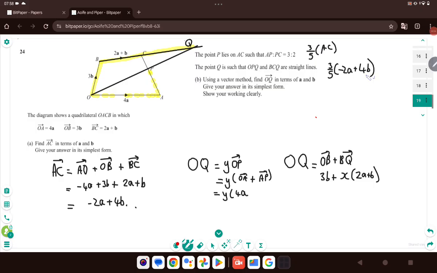Now you could use fractions or decimals here. I'm going to use decimals because it's going to be a terminating decimal. So I'm going to expand these brackets here. 3/5 is 0.6 times minus 2a is minus 1.2a. And then 0.6 times 4 is 2.4b.